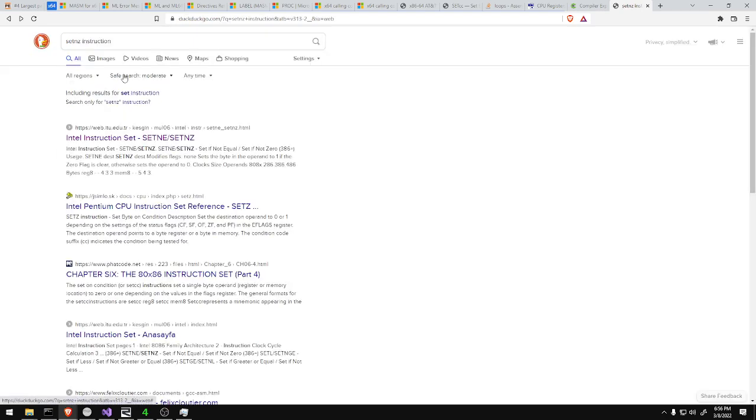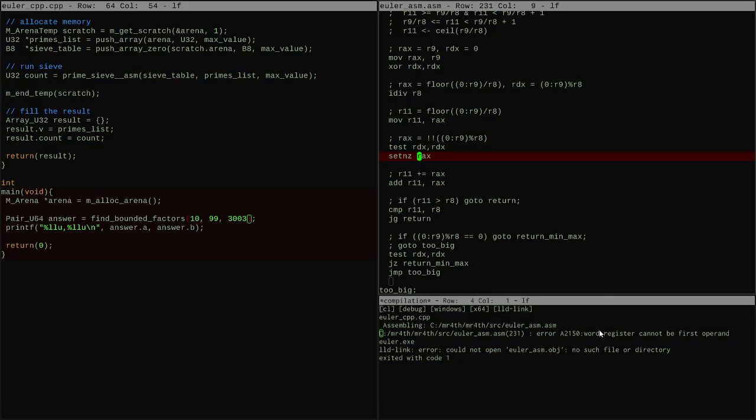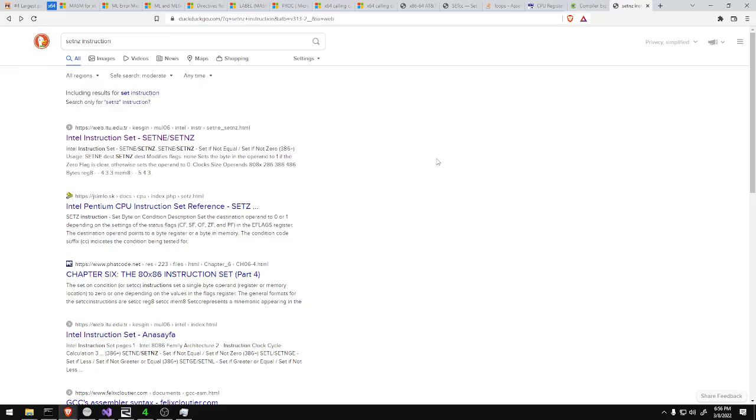Yeah, it should just be one word register. Cannot be first operand. Do you just want something smaller? What was the name?